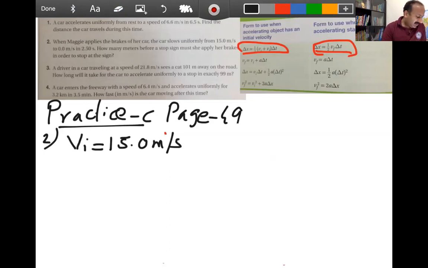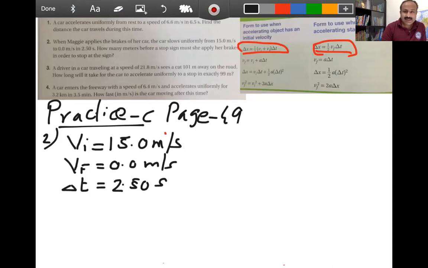To 0.0 meter per second. So your final velocity, that means the car comes to rest. Here you have only two significant figures, 0.0 meter per second, in 2.50 seconds. So your delta t is 2.50 seconds. How many meters before a stop sign she must apply her brake in order to stop at the sign?